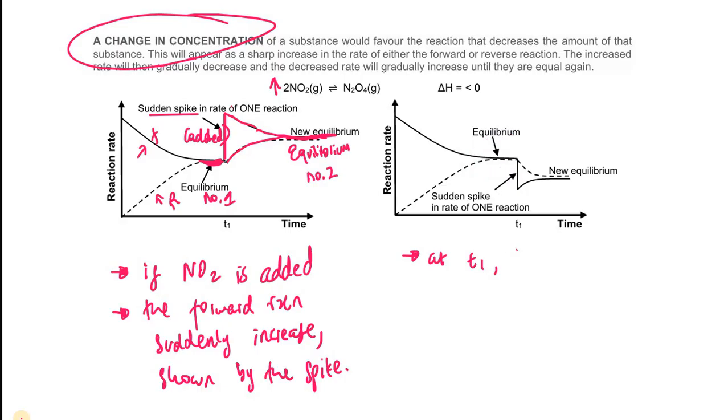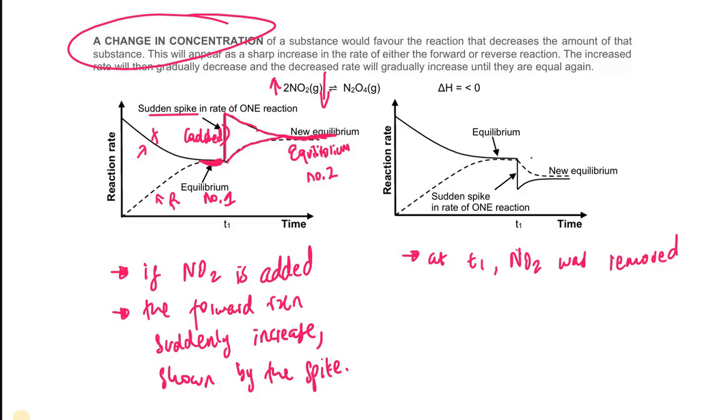So at T1, NO2 was removed. If you remove NO2, which reaction is going to be favored? The reaction that will increase NO2, which is the reverse. So we're going to favor the reverse reaction.